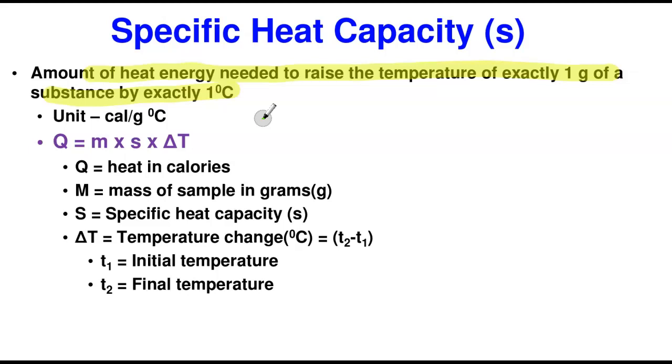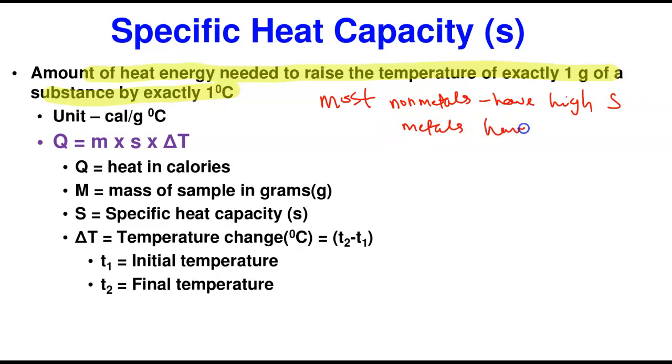Particularly interesting, most non-metals have high specific heat capacity S, high S, whereas metals have low S. Why? Let's try to explain this.